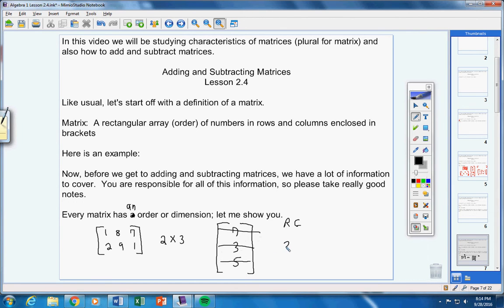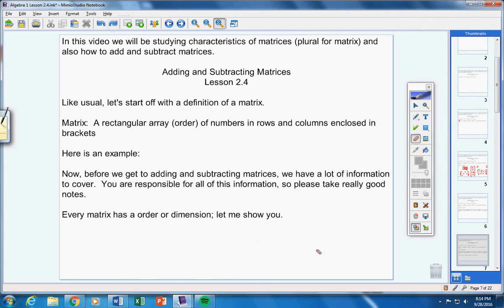I have 3 rows. How many columns do I have? 1. So this is a 3 by 1 matrix. It's not a 1 by 3. A 1 by 3 would look like this: 1 row, 3 columns. This is a 3 by 1 matrix. One more and I'm finished.